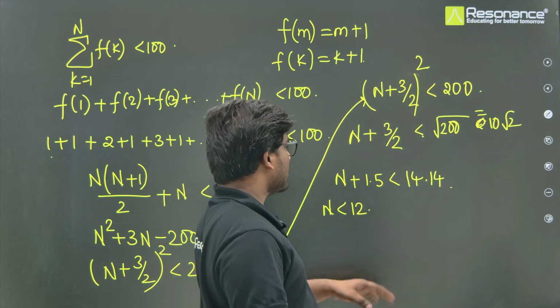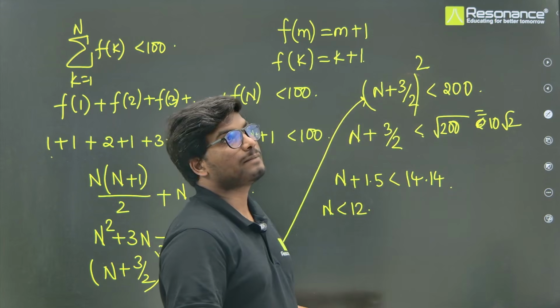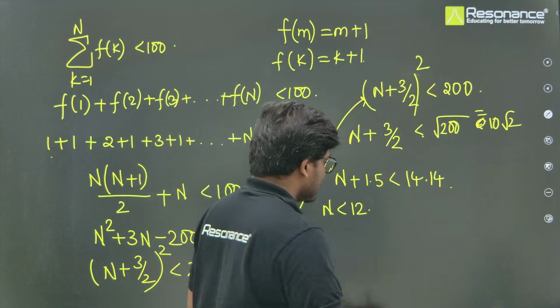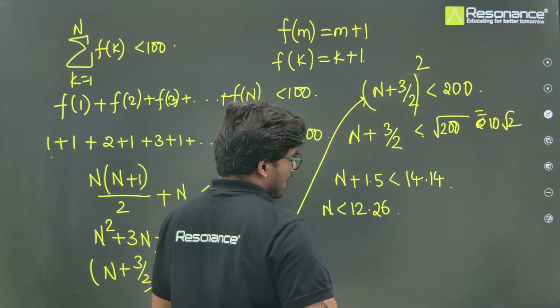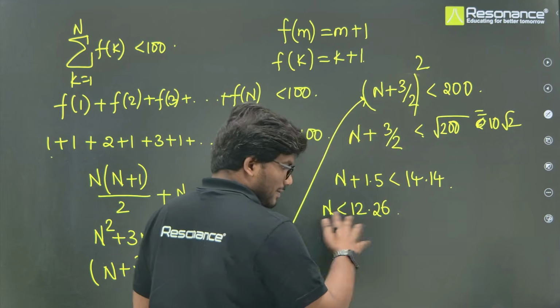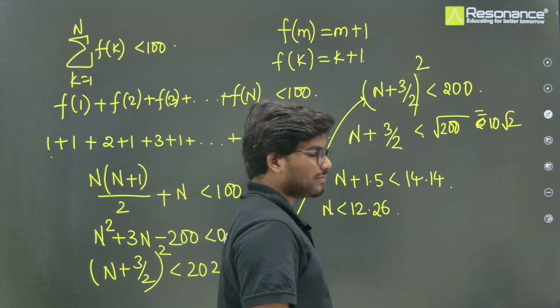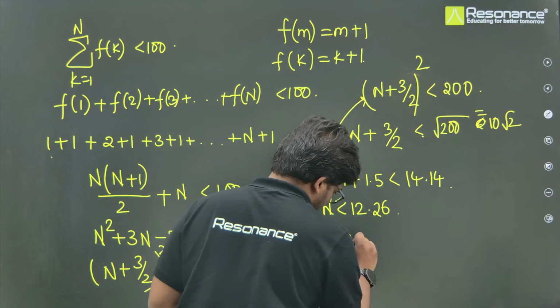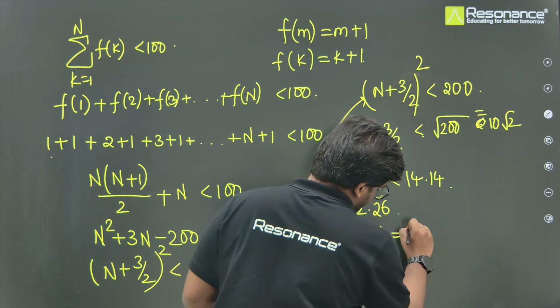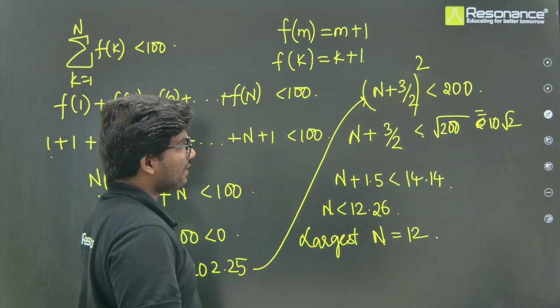So approximately something like that. It's 12 point something. So the largest value of n could be 12, right?